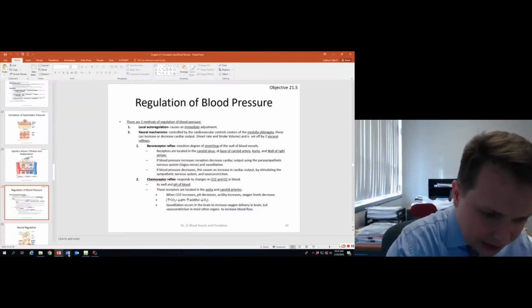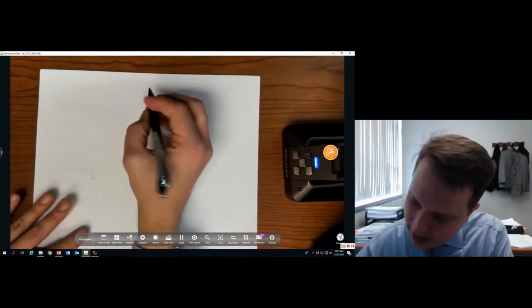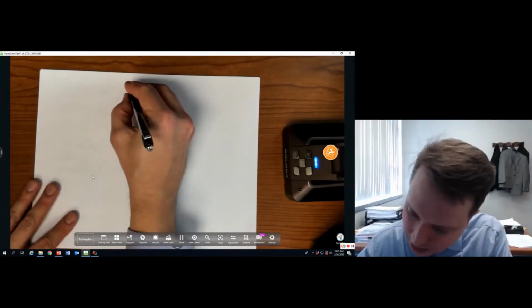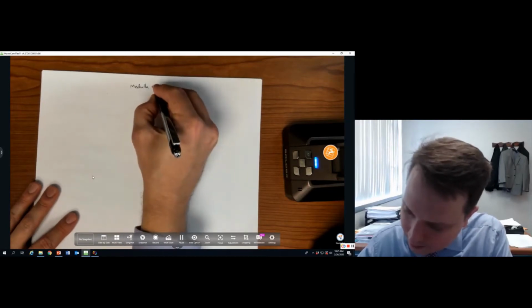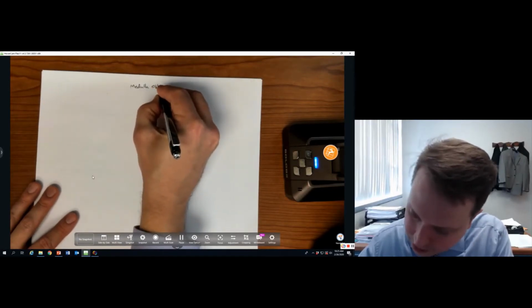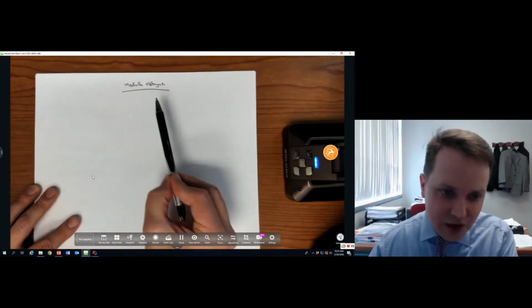Now let's give ourselves a little bit of information here and discuss that a little. So what happens here is we have our medulla oblongata, and the medulla oblongata is the center that receives some information.